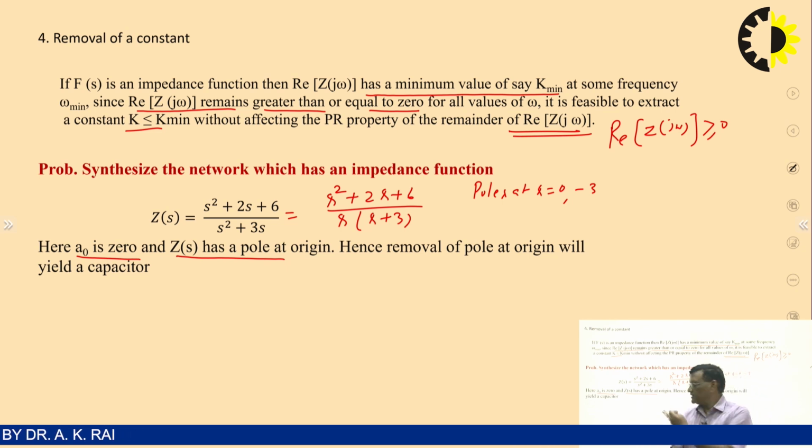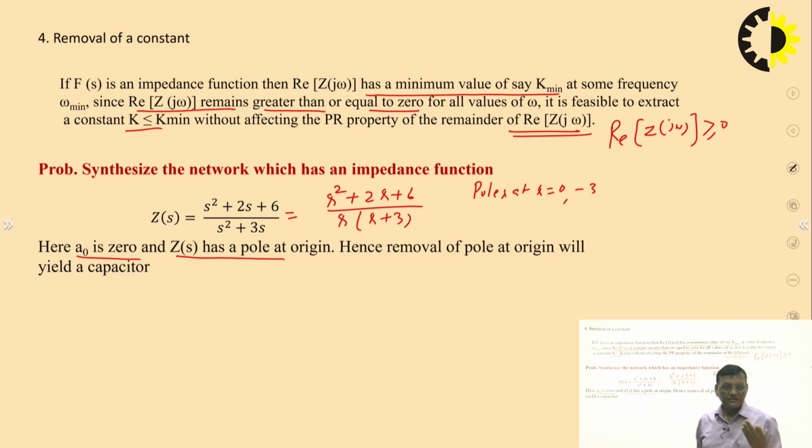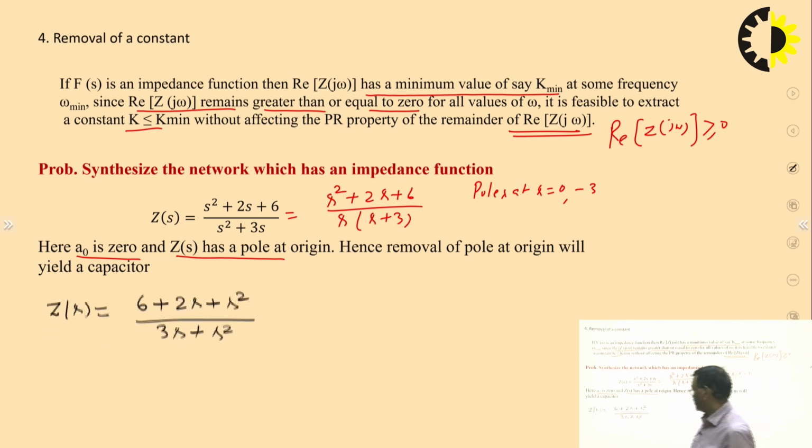So if we remove this pole at origin, and the function is impedance, we get one capacitor. How will you remove it? Arrange the function in ascending order, both numerator and denominator, and divide the numerator polynomial by the denominator.